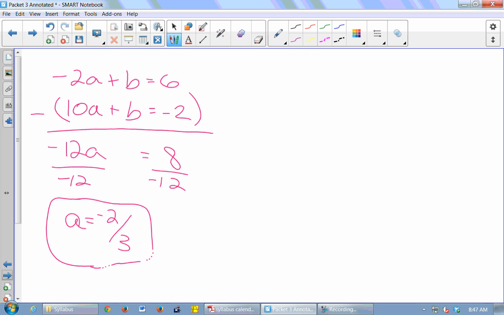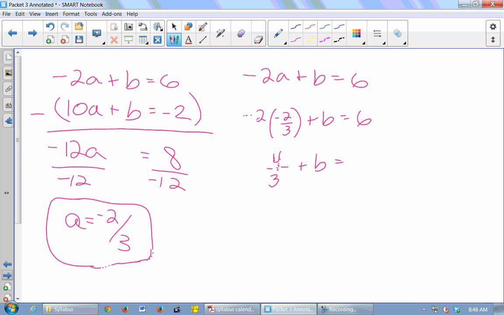I can use one of my two equations that had just an a and a b in it to solve for b. So I know that negative 2a plus b equals 6. You can just pick either equation, plug in negative 2/3 for a, and solve for b. So we get 4/3 plus b equals 6. So 6 minus 4/3, which is 16/3.